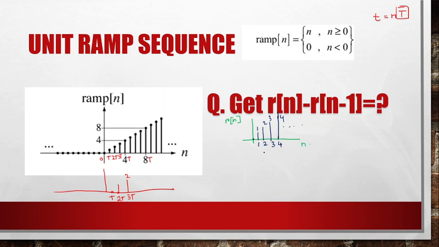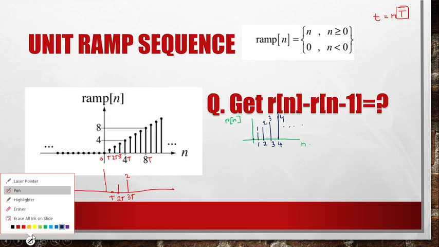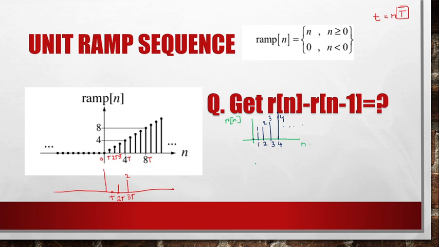Similarly, if I want to draw Rn minus 1, it is shifted by 1, so the whole thing will be shifted. The 0 will not appear at 0, rather it will appear at 1, because it is shifted to the right-hand side. So it will start from here.